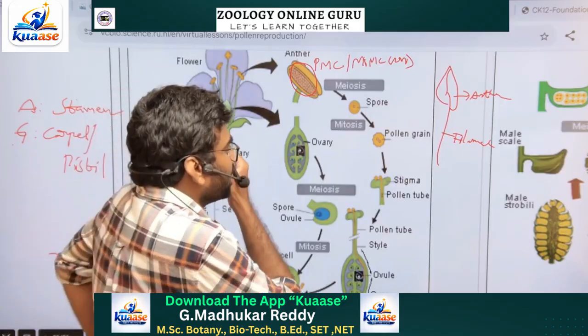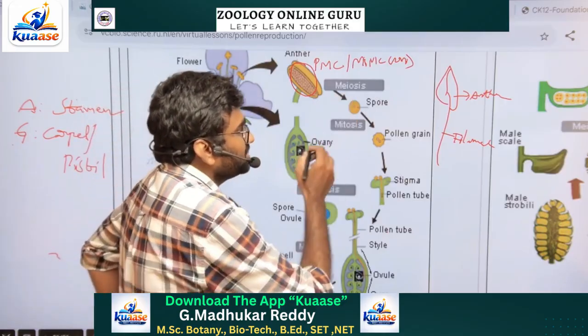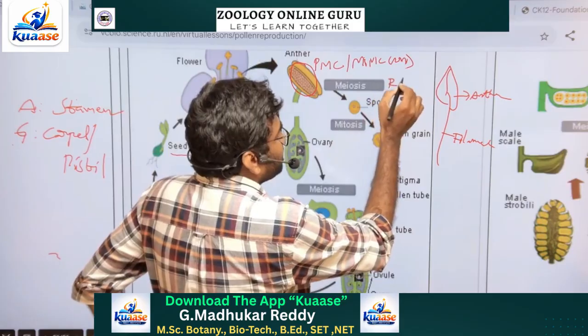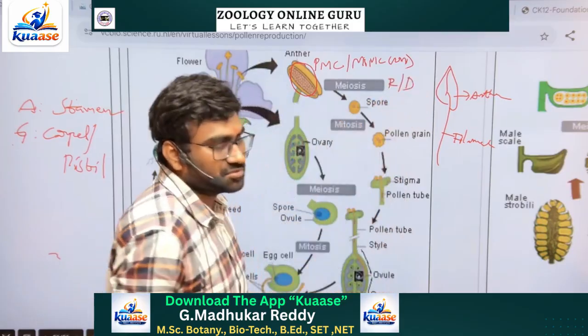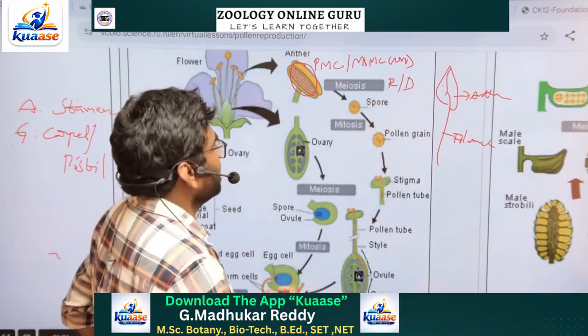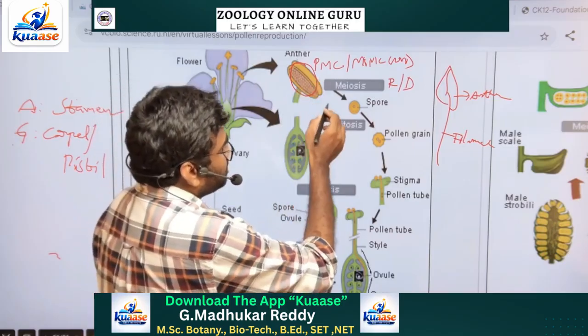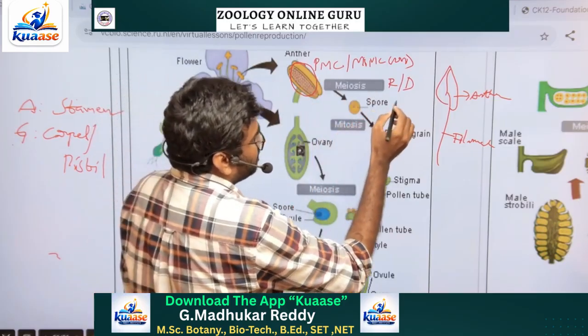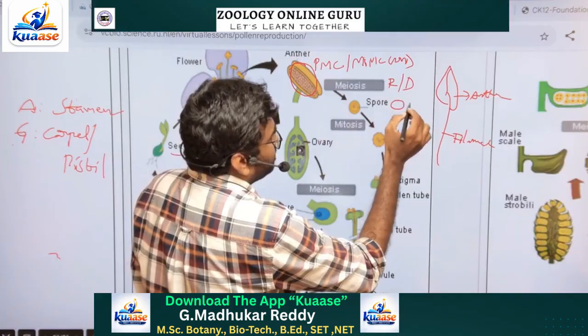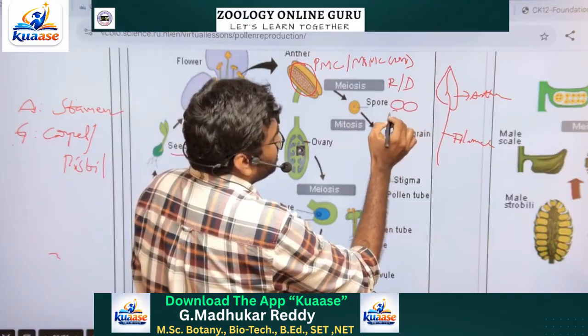So this PMC undergoes meiosis division, also called reductional division, to produce the haploid microspores.